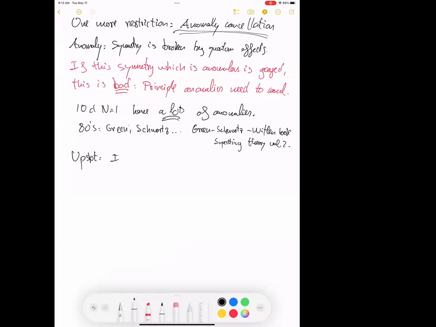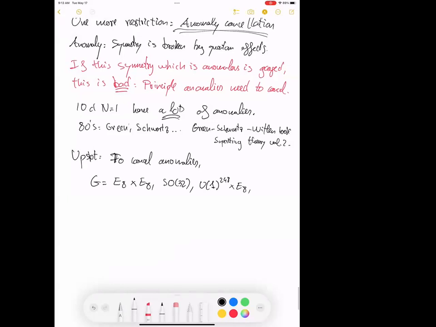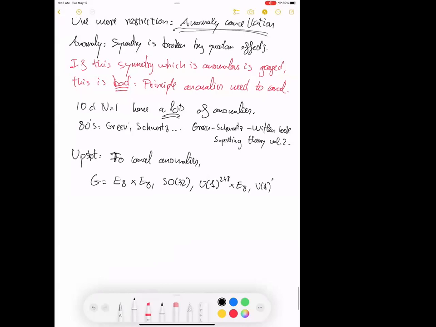If you want to cancel anomalies, G has to be one of the following 4 possibilities. These are all different gauge groups.